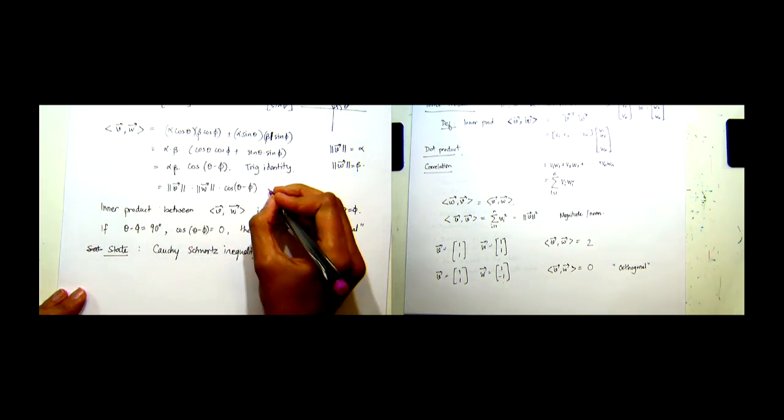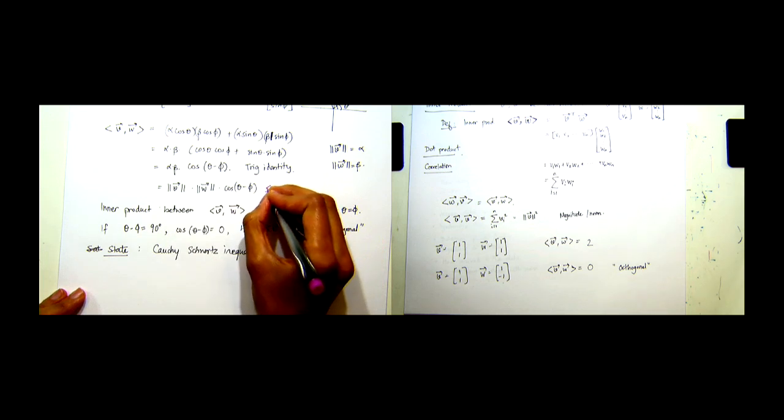Everyone with me here? Okay. So this now allows us to state the Cauchy-Schwarz inequality, which basically says exactly this. So here I can go one more step, and I can say this.